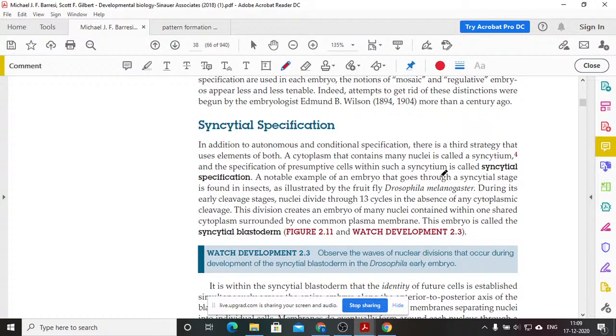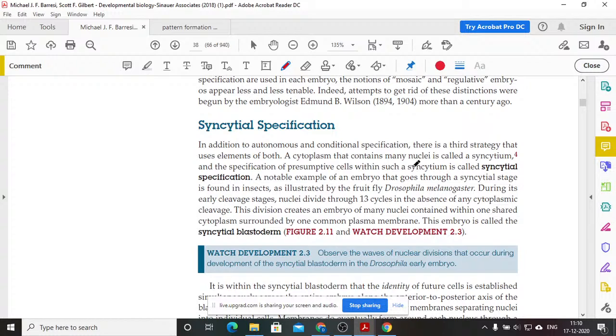In former times you had seen different types of cells, and there were certain cytoplasmic determinants which specified certain cells to become the nerve or certain cells to become the muscles. That was specification and then differentiation. Here, since the cells are not separated by plasma membrane, you have a whole big cell with several nuclei inside, and this results in a different type of structure.